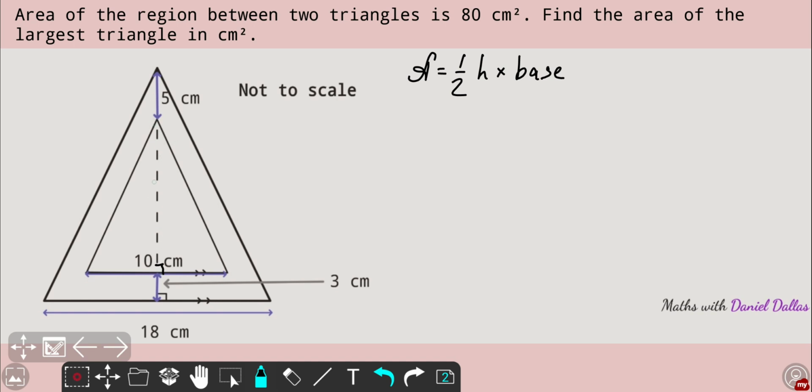This dashed line is the height for the small triangle, and the total height, 5, 3, and some unknown length of the dashed line, is the height for the largest one.